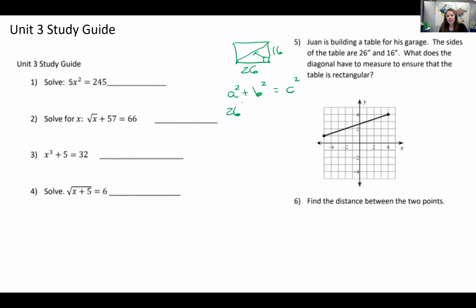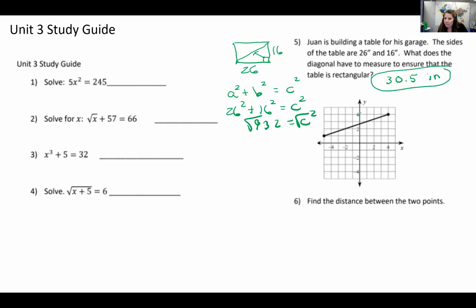So 16 and 26 are A and B. All right, so I'm just going to plug in that whole side in my calculator. 26 squared plus 16 squared is 932. 932 is C squared. So to find C, I find the square root of both sides. So the square root of 932 is about 30.5 inches.